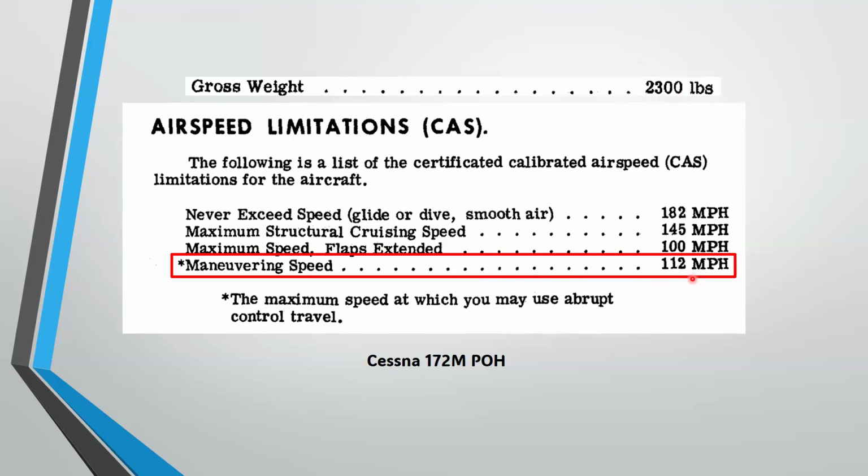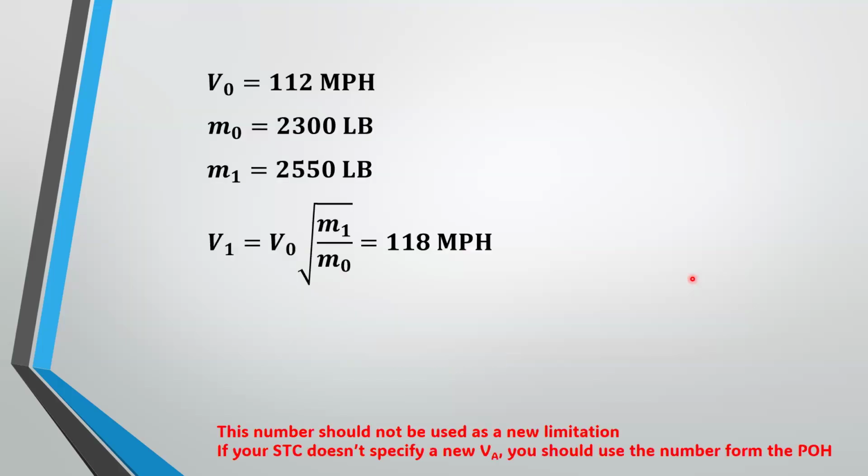However, we can replace the 160 horsepower engine with a 180 horsepower engine, and the maximum gross weight of the airplane would increase to 2,550 pounds. So now we can use this formula to recalculate the maneuvering speed for the new maximum gross weight, and that would be equal to 118 miles per hour.